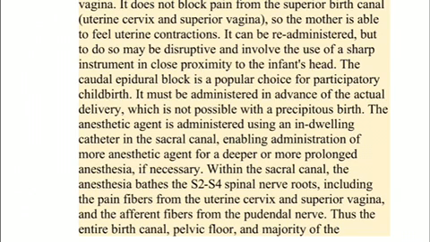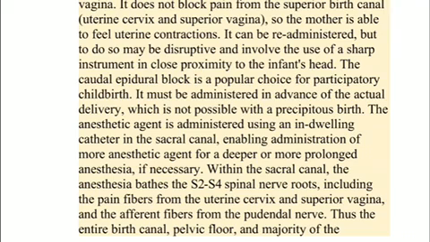It is administered in advance of the actual delivery. The anesthetic agent is administered with an indwelling catheter in the sacral canal, and it enables administration of more anesthetic agents when you need deeper or more prolonged anesthesia.